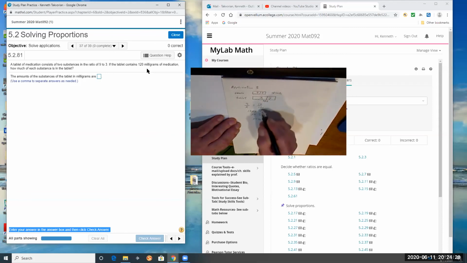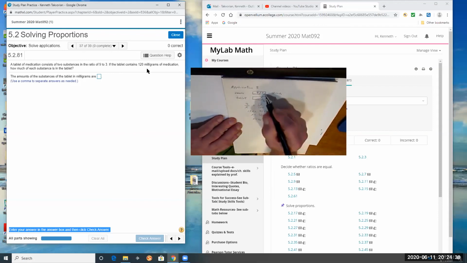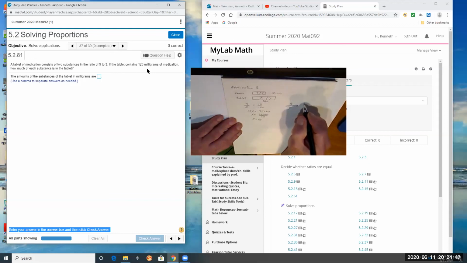But what if I made a mistake in my calculation down here? It's better to start the problem all over again, so that if you made a mistake on the first part, maybe you get the second part right. So I'm going to take 3 units out of the sample is to Y units in the tablet. That's equivalent to 12 units in the sample to 120 units in the tablet.